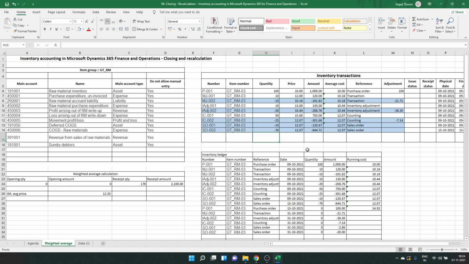It creates one positive transaction and one negative transaction. The positive transaction has the total quantity, opening quantity plus receipt quantity, and the amount is opening amount plus receipt amount. The reference will populate later; I have forgotten the exact reference.